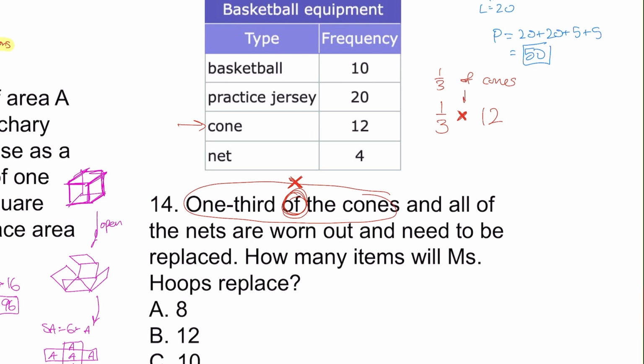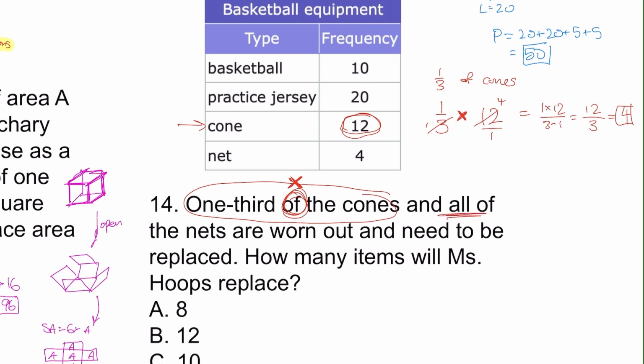So again, of means to multiply. And then the cones, you have 12 cones. So when you multiply, this is really 1/3 times 12 over 1, or 1 times 12 over 3 times 1. It's 12 over 3. You can also cross simplify, cross cancel, and you get 4.